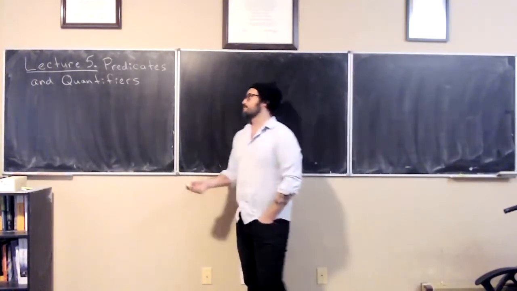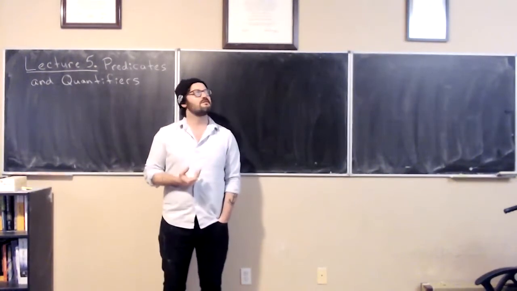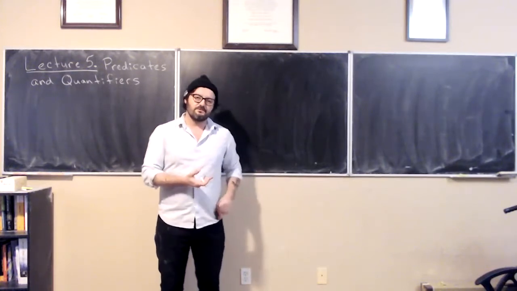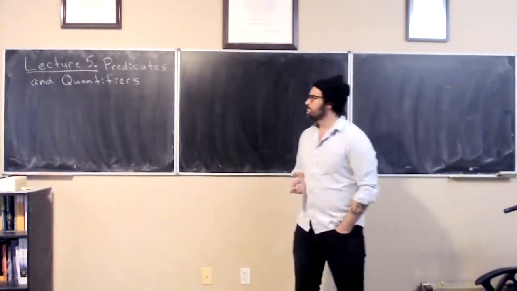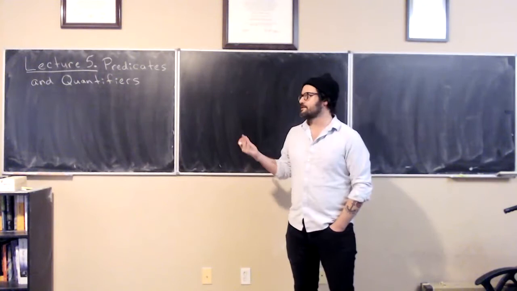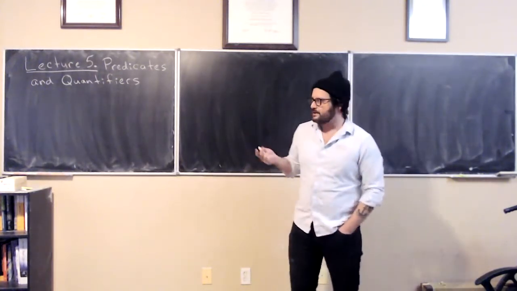In today's lecture, we're moving towards a more general notion, or maybe more applied notion of these concepts with what are called predicates and quantifiers. Now, the best way to illustrate what a predicate is first, before we move to quantifiers, is probably with a few examples.